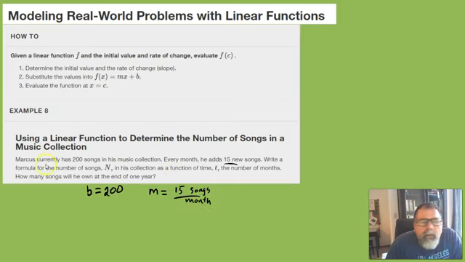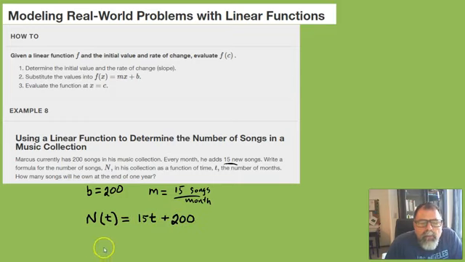Write a formula for the number of songs. So n as a function of time is equal to, remember our slope is 15 songs per month, times t, the number of months, plus our initial value, which is 200.